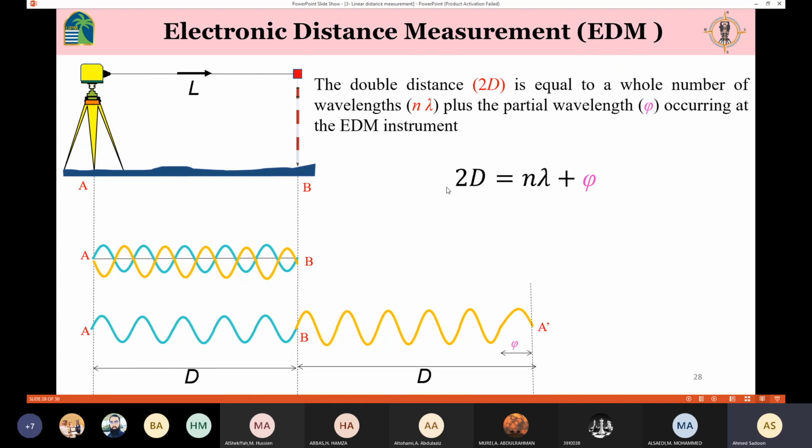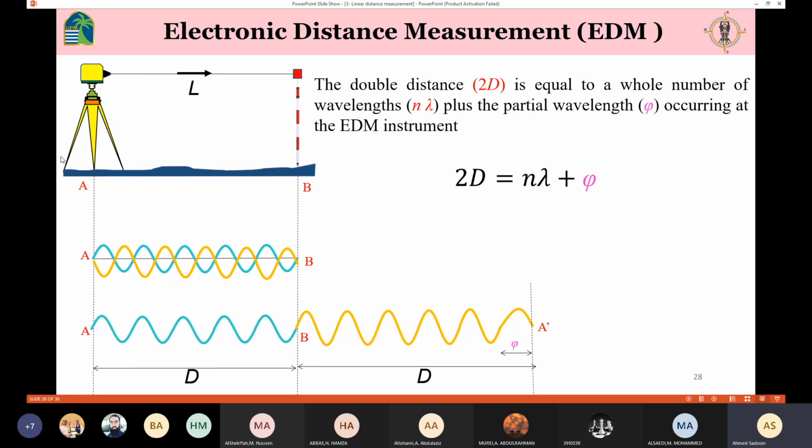So we can say that 2D equals n lambda, where n is the number of waves and lambda is the length of one wave, plus epsilon, the letter that represents the partial wavelength. So 2D equals n lambda plus epsilon.